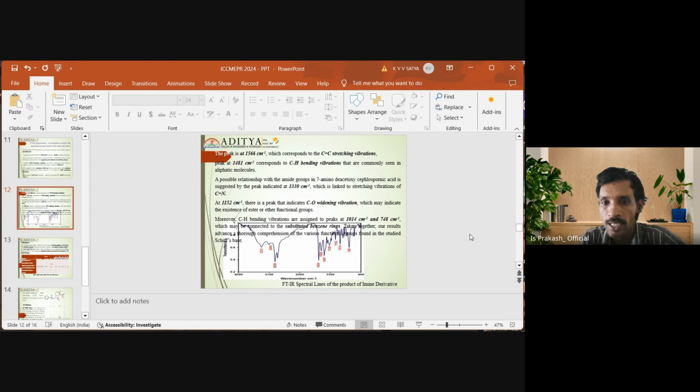The wide range stretching vibration is related to the C=N amide group related to 7-ADCA.